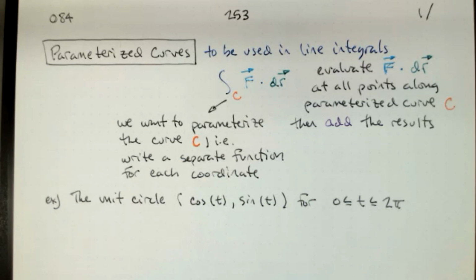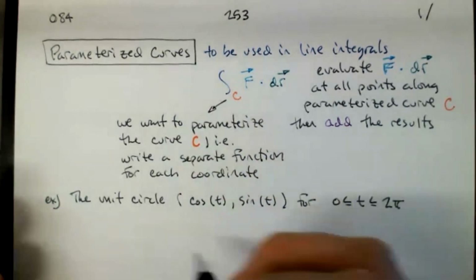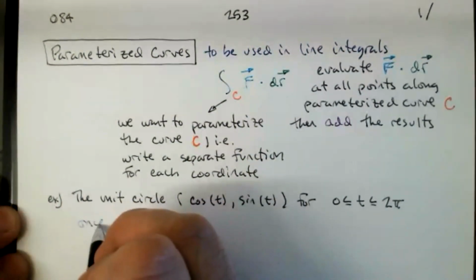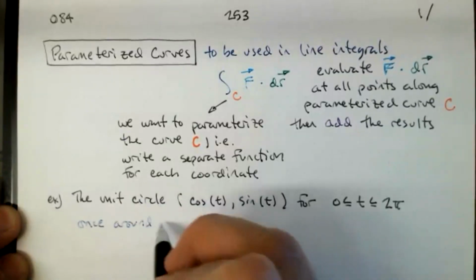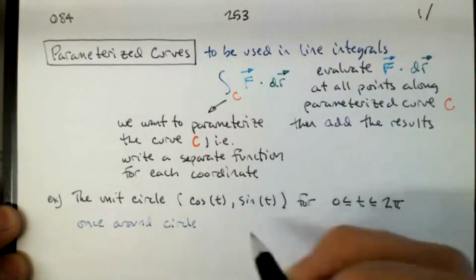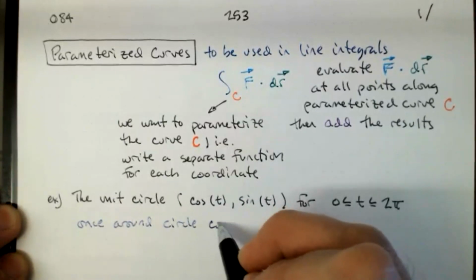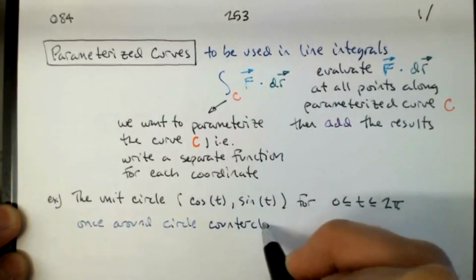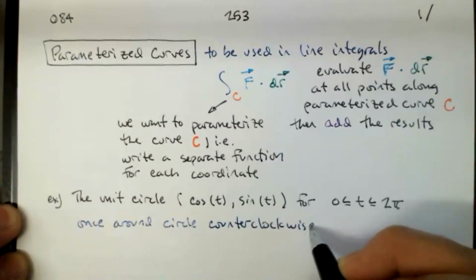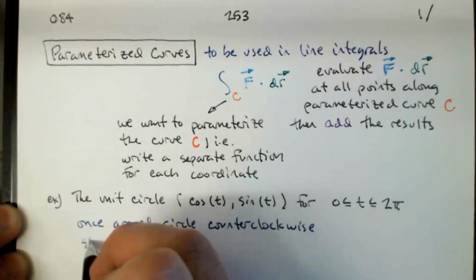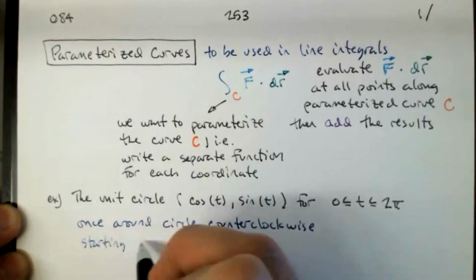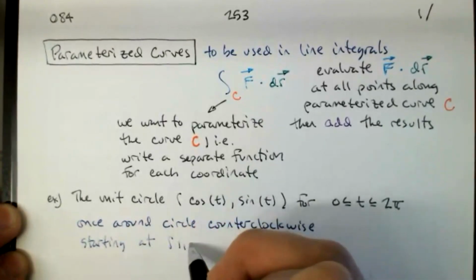So the unit circle, cosine t, sine t, for t between 0 and 2 pi will give us once around the circle, counterclockwise, starting at 1, 0.